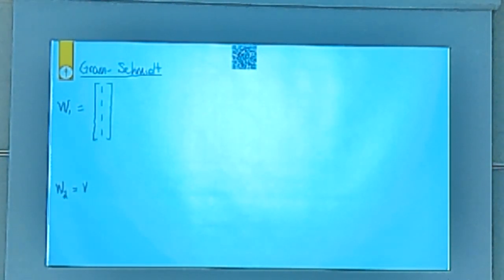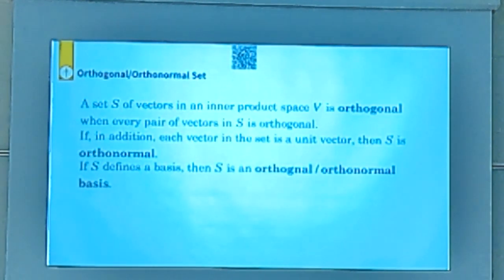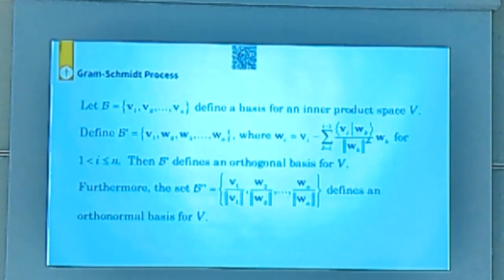W2 is V2 minus the inner product of V2 with W1 over the norm of W1 squared. Okay, if I go back to the process, that was supposed to be a norm squared there in the sum.